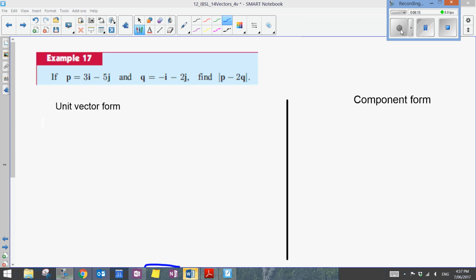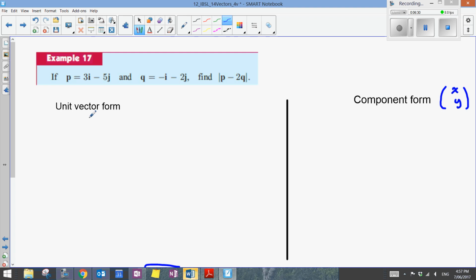Now we have two ways of notating our vectors. We've got our unit vector form and we have our component form. The component form is the familiar form that we've been using a lot, where you have your x component and your y component. Unit vector form represents your x component in terms of so many units in the direction of i, which is directly to the east, so 1, 0.